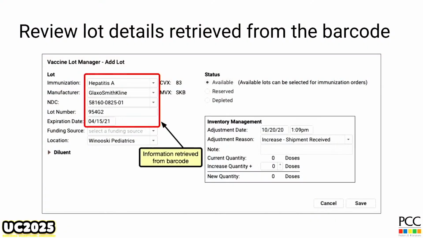And so a lot of things kind of work off of that code. So it'll use the CVX code, and then it'll add your manufacturer, your NDC code, your lot number, and your expiration date, and then you would indicate the funding source and the location if you have multiple location offices, and then your quantity.